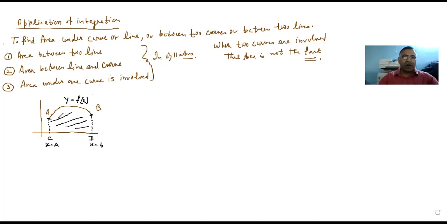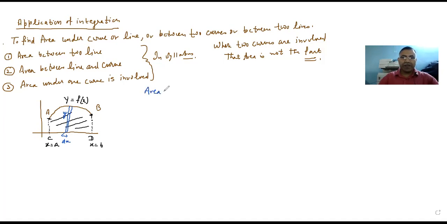So what is the basic thing which we will do while calculating this? We cut a small portion in it like this. Small rectangle I have taken. Let the width of the rectangle be dx and let the length of the rectangle be y.